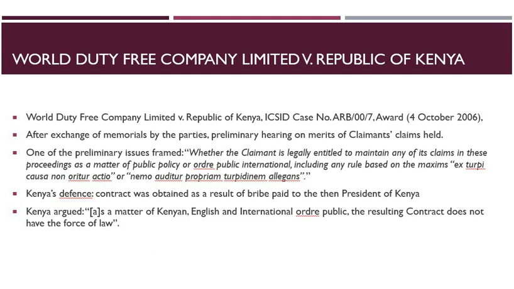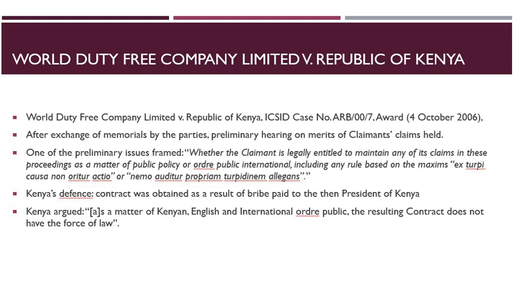The issue arose out of Kenya's defense that the contract was obtained as a result of bribe paid to the then President of Kenya, and that as a matter of Kenyan, English and international ordre public, the resulting contract does not have the force of law.